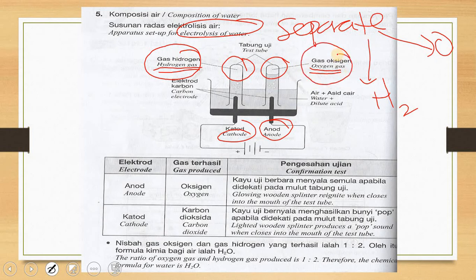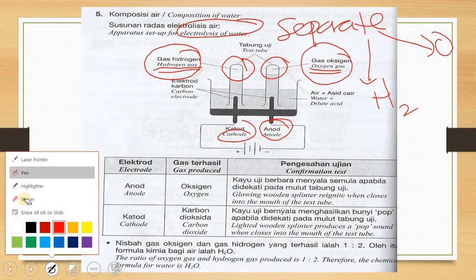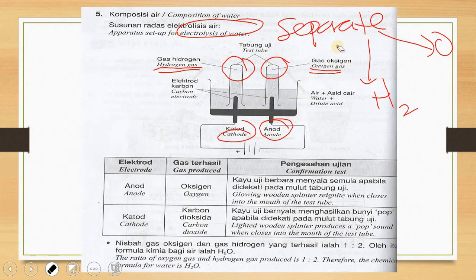Those are the kinds of questions they will ask in the subjective question. So remember, the cathode is for hydrogen gas and the anode is for oxygen gas.